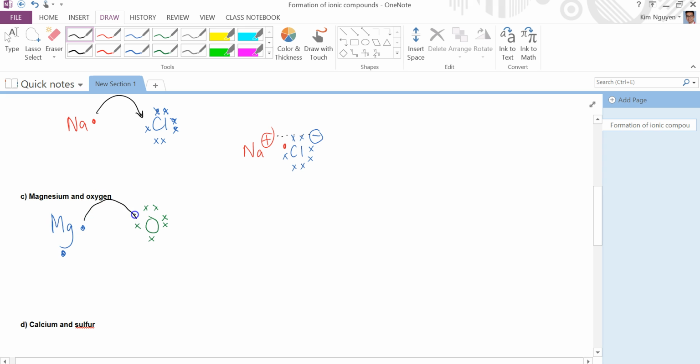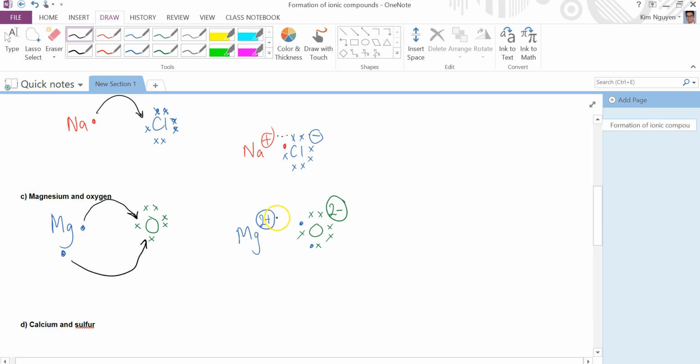And so magnesium and oxygen are really good partners, because magnesium will offer both its electrons to oxygen, and in doing so form a magnesium 2+ ion, 2+ cation, and oxygen forms its oxygen 2- anion.